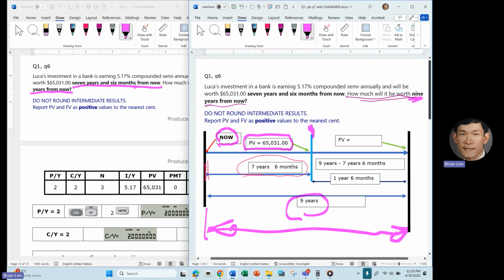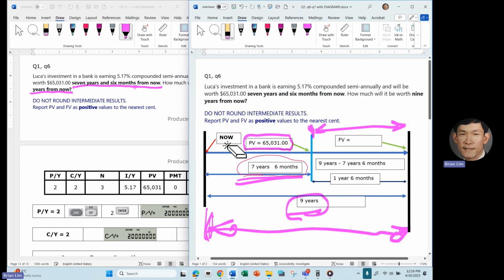So to get from here to here, we have to subtract. So from this point to this point is 9 years, and we subtract this 7 years, 6 months, which results in 1 year and 6 months. Okay, so it gives a good interpretation as to what the question is asking.